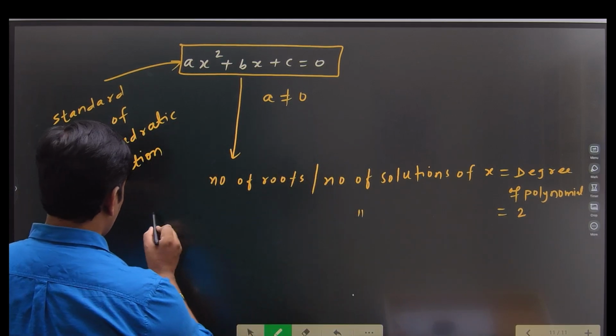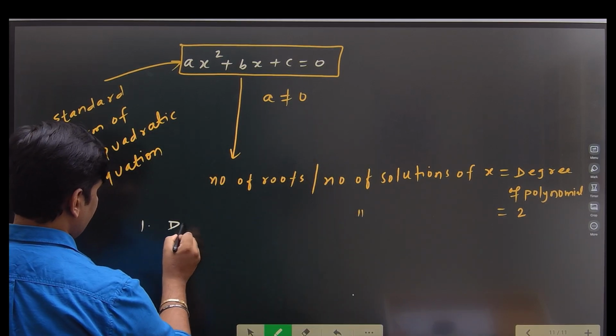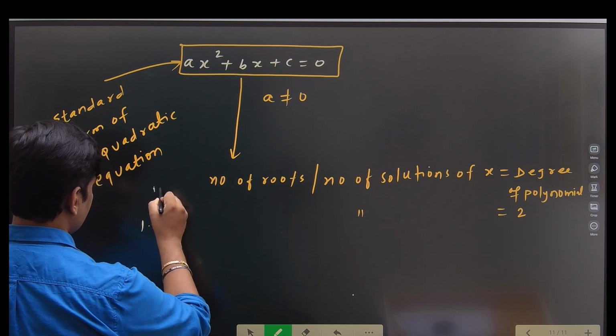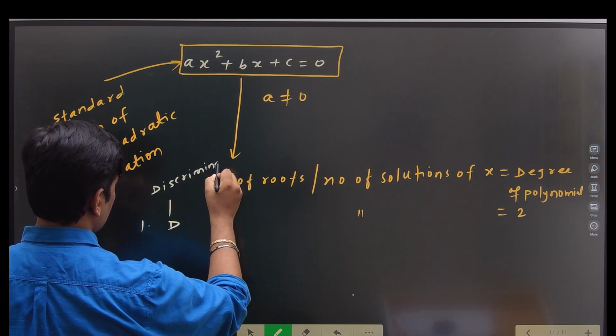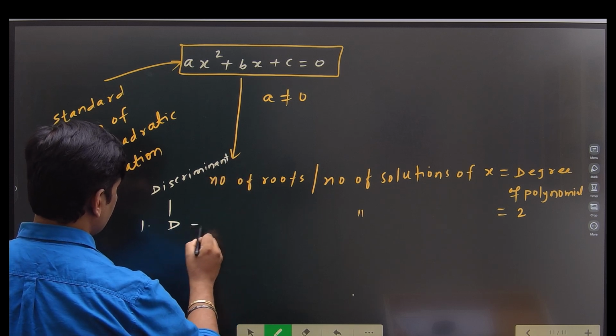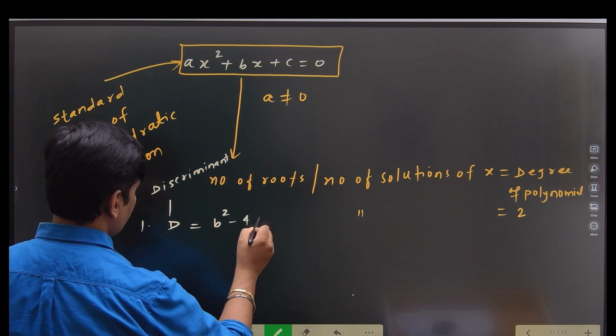So first step, find D. D means discriminant, which is equal to b square minus 4ac.